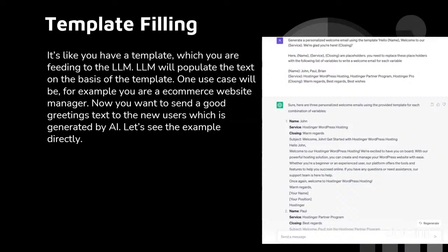So over here, I'm saying that name can be John, Paul, brand and service are Hostinger WordPress hosting, Hostinger partner program, Hostinger Pro, and closing will be with warm regards or best regards or best wishes. You can see over here, it's giving us various templates regarding the message and question we have provided to GPT.